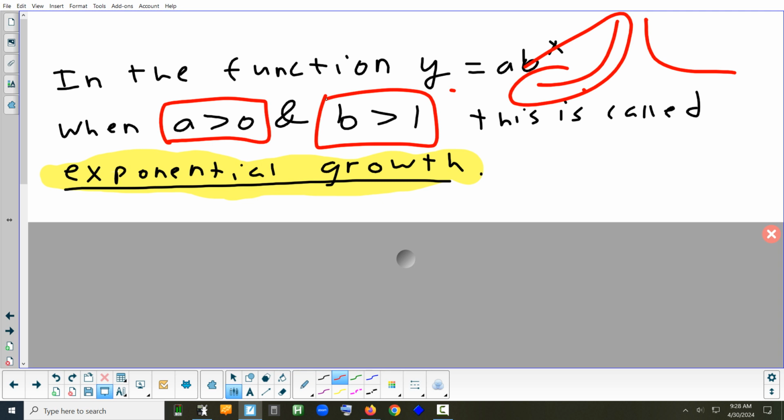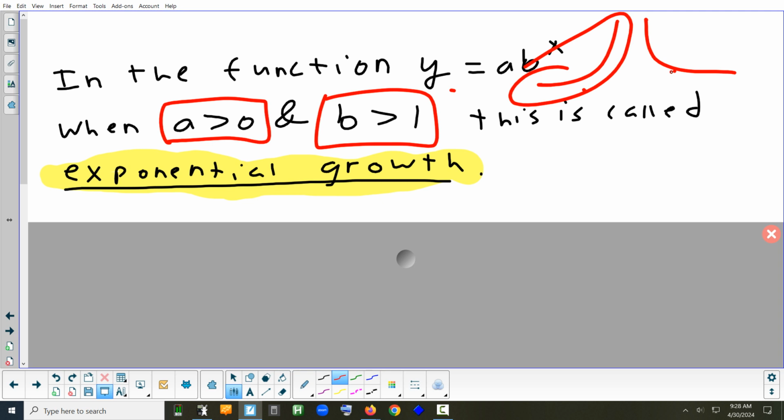Okay, so on your guided notes, there's a blank line where you need to write in, this is called exponential growth. And the other one we're going to talk about tomorrow, that is called exponential decay.